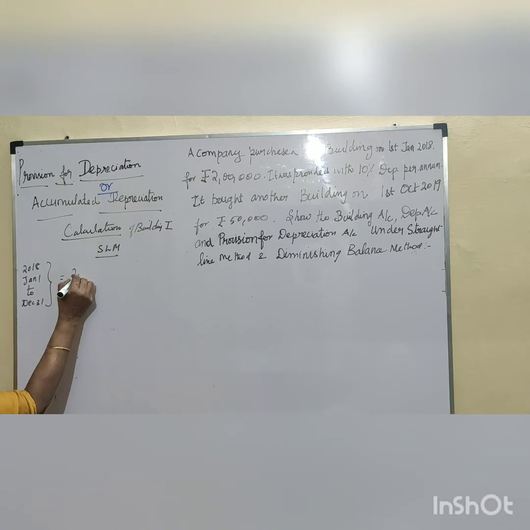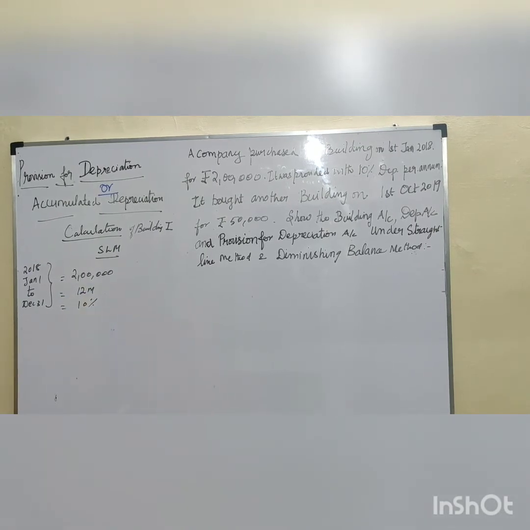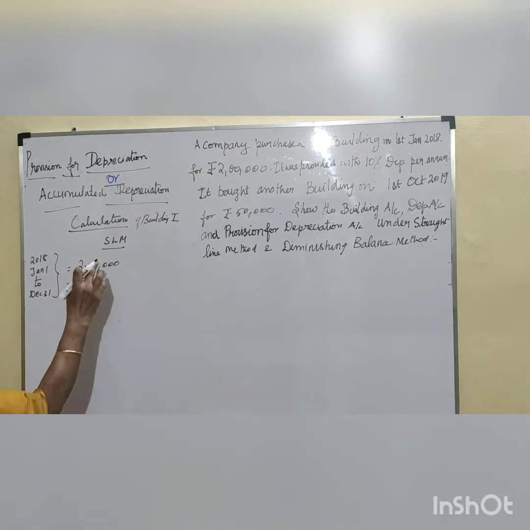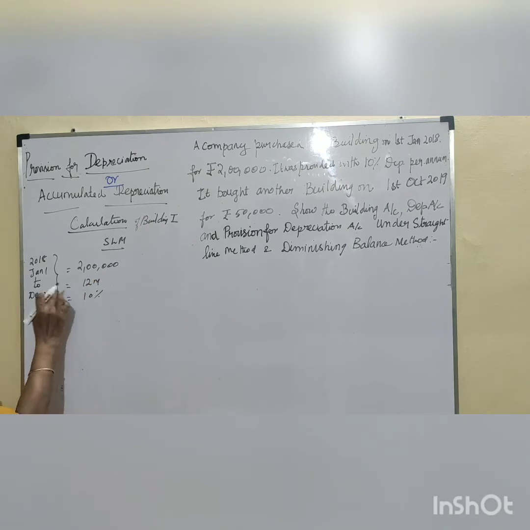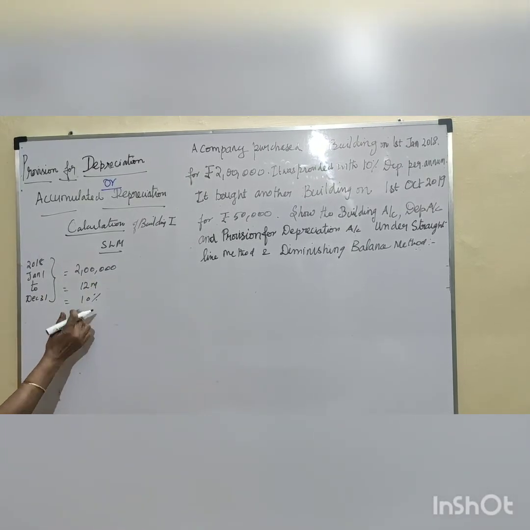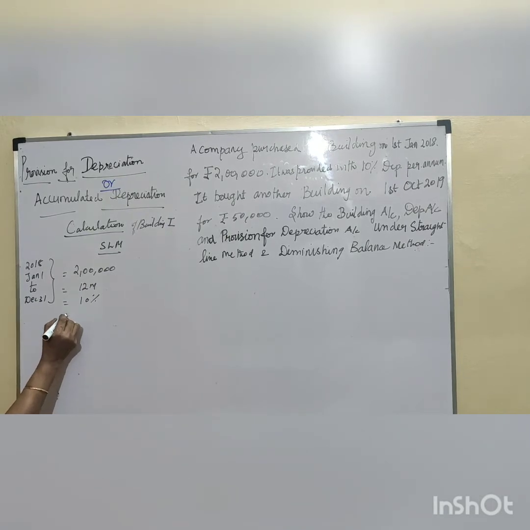The cost of the building is 2 lakhs, the number of months used is 12 months, and the rate of depreciation is 10%. Now calculate the depreciation for the year.